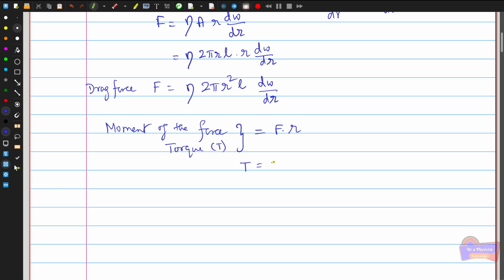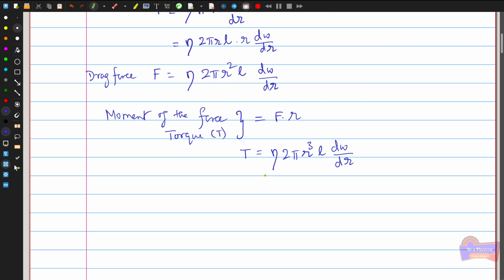So the torque will be equal to eta 2 pi r cubed L into d omega divided by dr. Or I can rearrange this equation as 2 pi L eta d omega divided by T, which is equal to dr divided by r cubed.